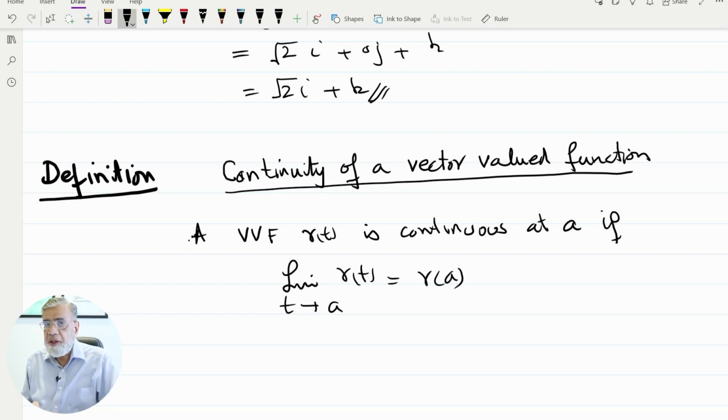Then we say the limit is equal to the value of the function. If the limit is equal to the value of the function, then we say the function is continuous. And if the limit is not equal to the value of the function, we say it is not continuous.